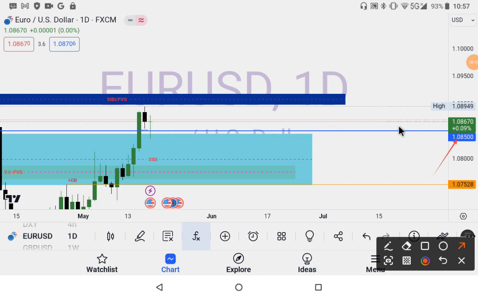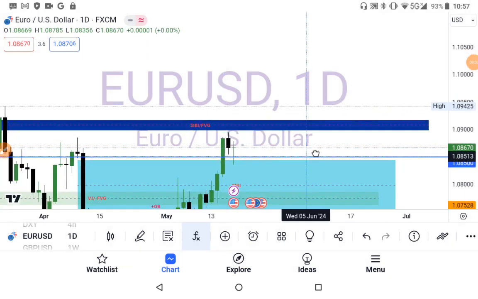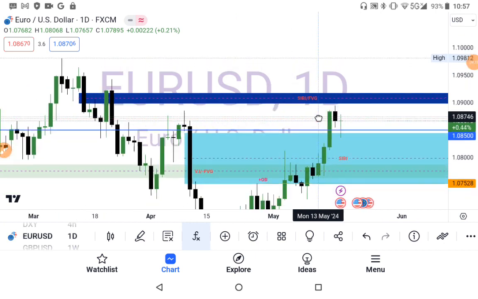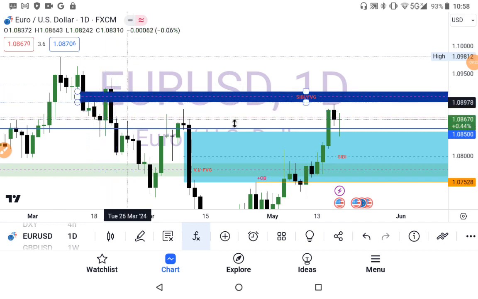1.08500 has been delivered, we'll be expecting a movement into this fair value gap here, into this CB. So this automatically becomes an inversion fair value gap, since it has been traded to and it has served as a resistance here, then dropped.